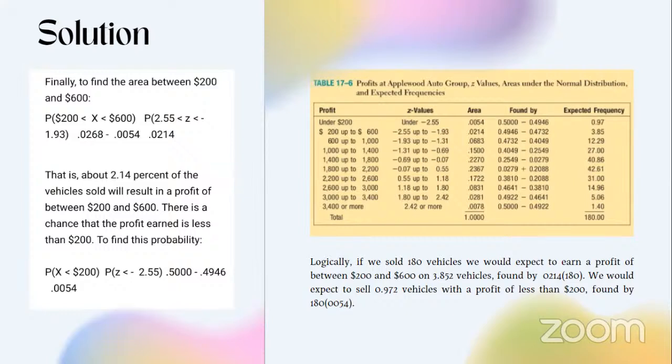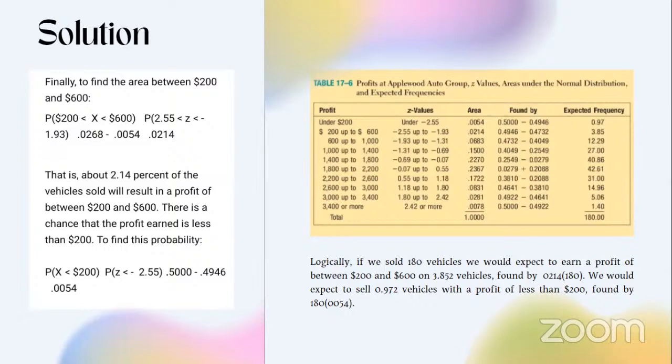Logically, if we sold 180 vehicles, we would expect to earn a profit of between $200 and $600 on 38.52 vehicles, found by 180 times 0.214.